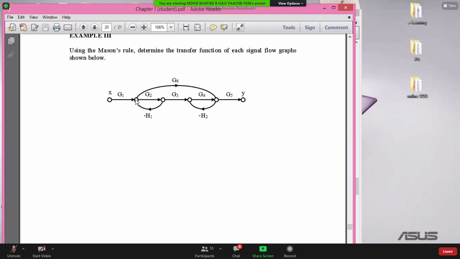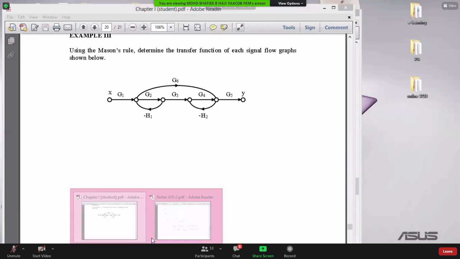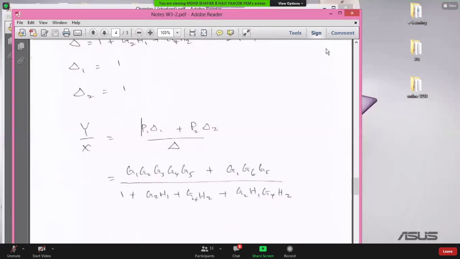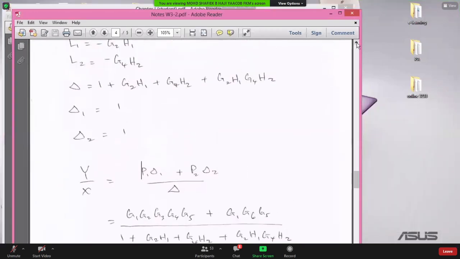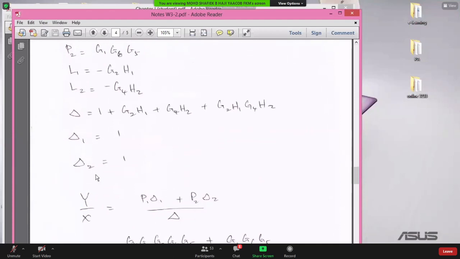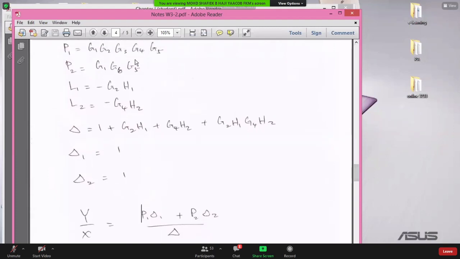The first loop shares a common node here, so you need to drop L1. The second loop shares a common node there with P2. So therefore, when determining delta 1 and delta 2, you need to drop L1 and L2 for both delta 1 and delta 2 because both loops touch P1 and P2.